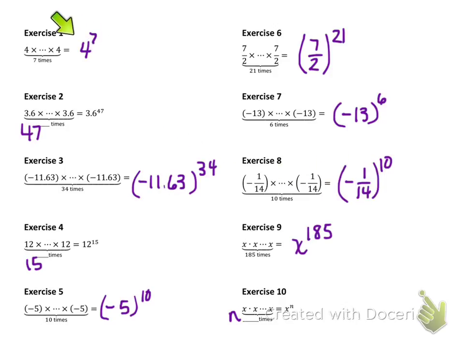Whereas on this expression, 4 to the 7th, I didn't need parentheses, as I didn't on this one, x to the 185th. Parentheses around the negative here, and then these others you just had to put in how many times that base was used as a factor. Okay, so pause the video, check those, make sure you've got them correct before moving on.